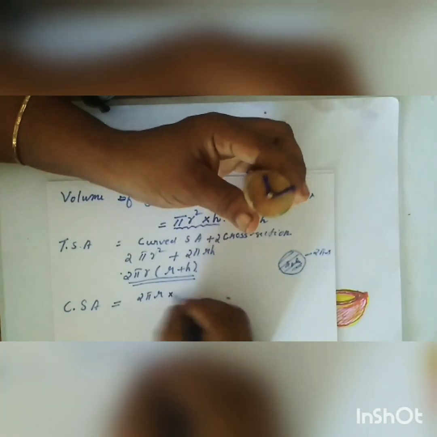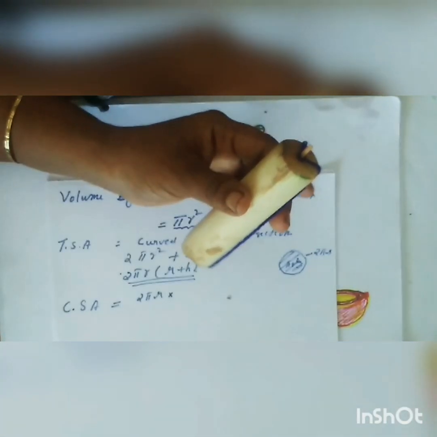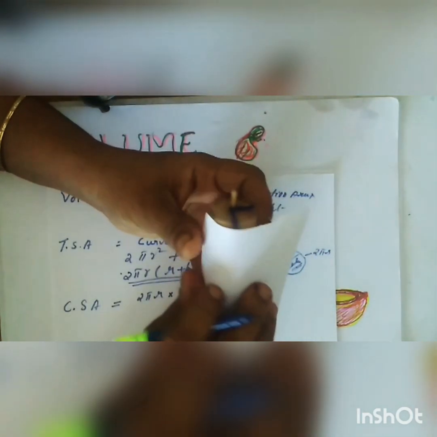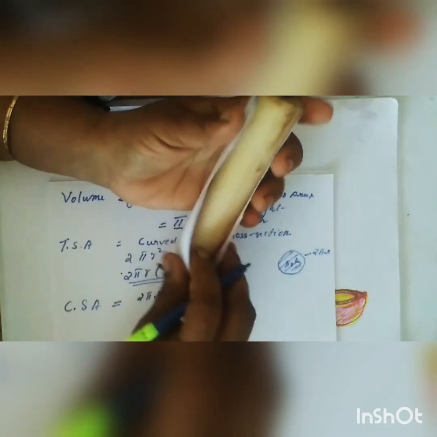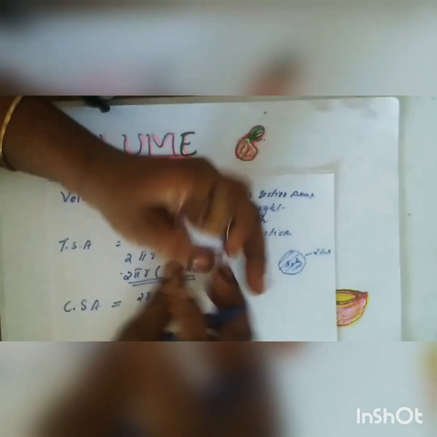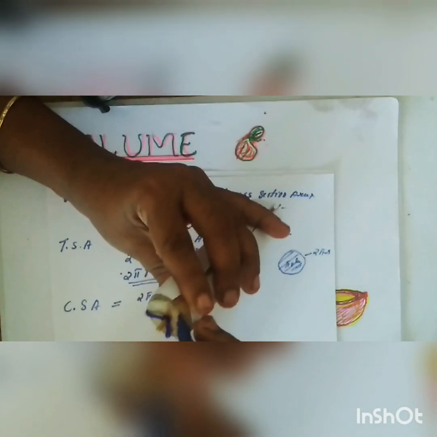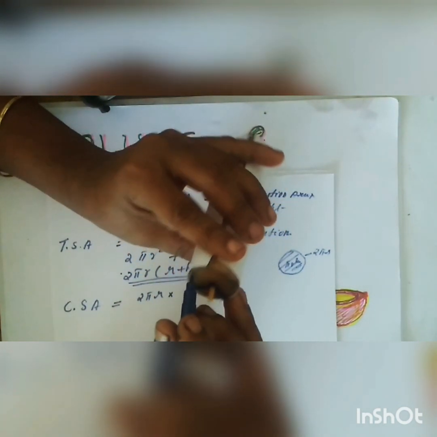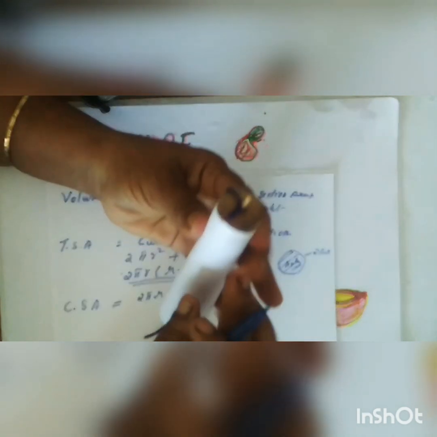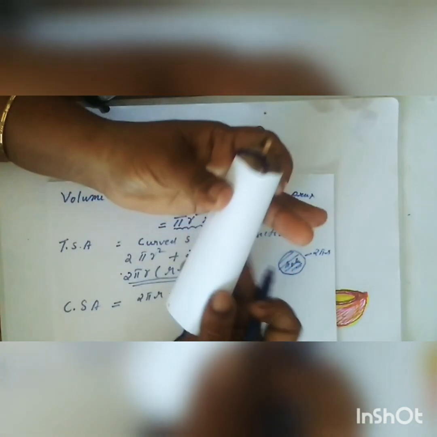This can be demonstrated by this experiment. This is the circumference of the circle, and this is the curved surface area.